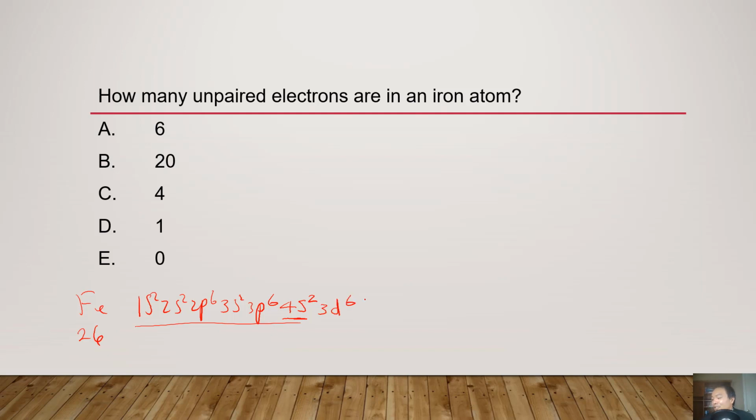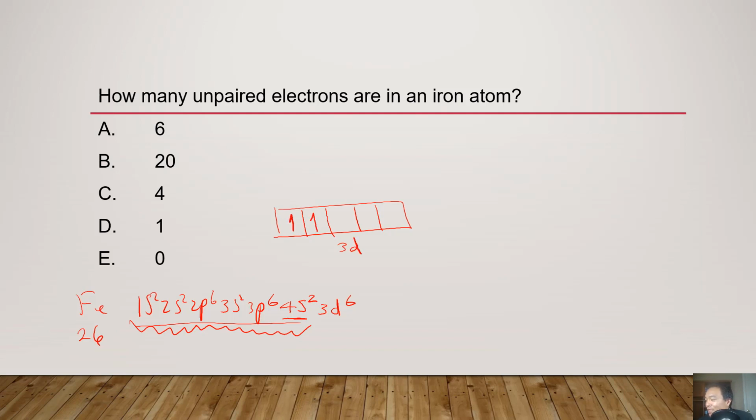So you do 3d6. How many unpaired electrons do you have? Remember, the inner electrons are all paired up, because they are all filled up. So it's only the last subshell you fill in that can have unpaired electrons. So let's do 3d only, using the orbital diagrams. D has 5 orbitals, 5 boxes. You have 6 electrons filled in these 3d orbitals.